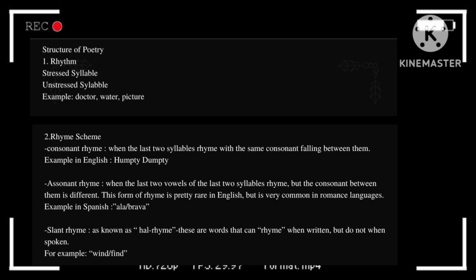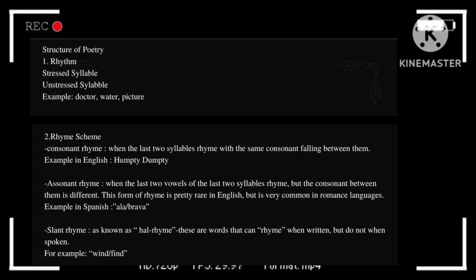The first one is consonant rhyme, when the last 2 syllables rhyme with the same consonant falling between them, for example in English, Humpty and Dumpty. And the second one is assonant rhyme, when the last 2 vowels of the last 2 syllables rhyme, but the consonant between them is different.